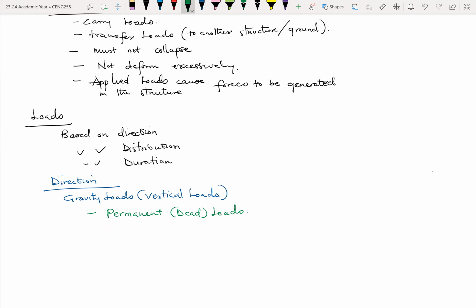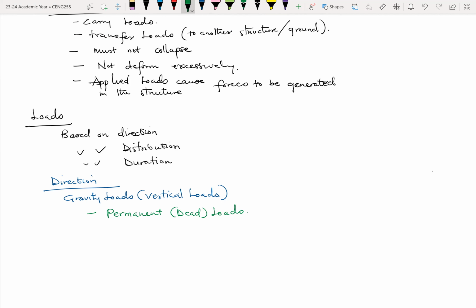Okay. And these are loads that, as the name implies, stay with the structure throughout its life, or for a majority of the lifespan of the structure. One of the ways to define a permanent load on a structure is, for example, let's say you have a table and you place some items on the table.